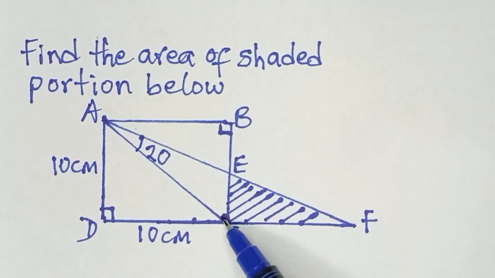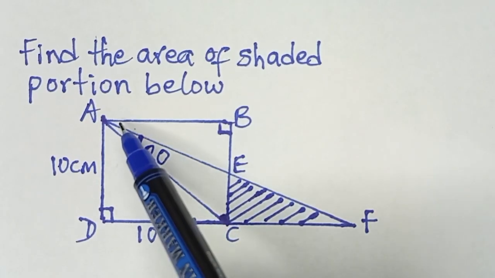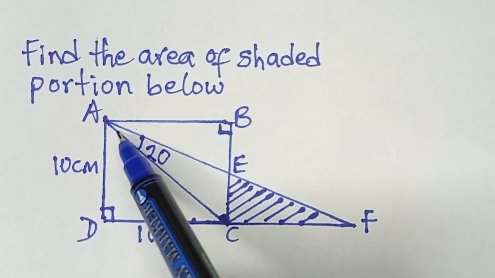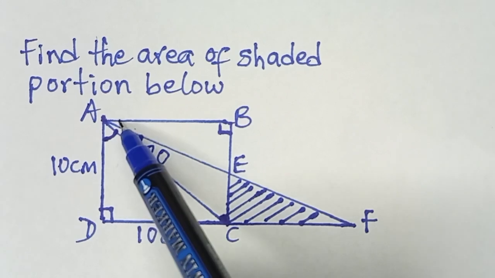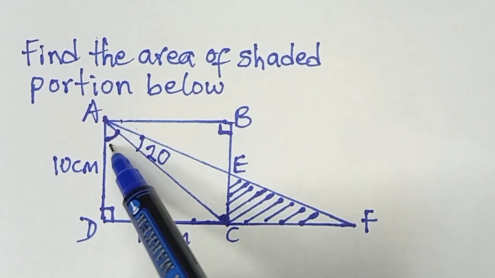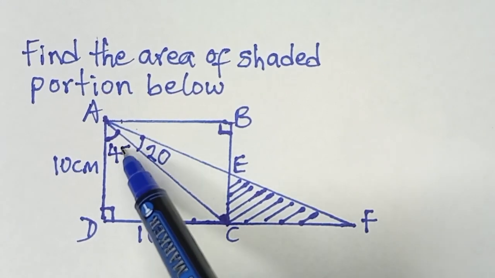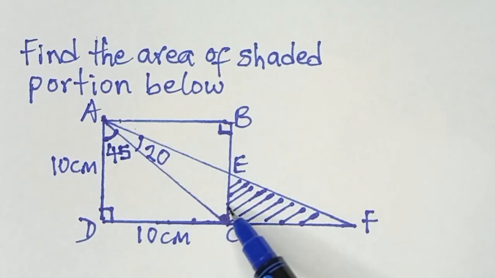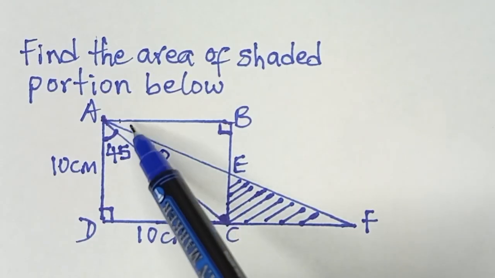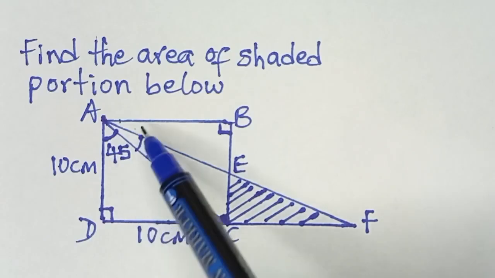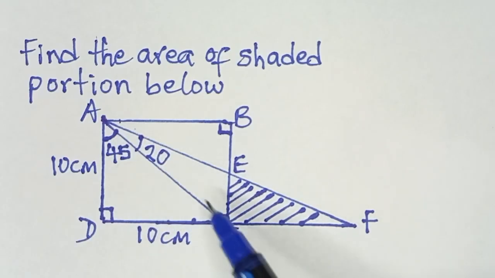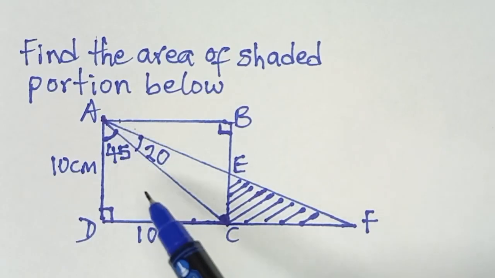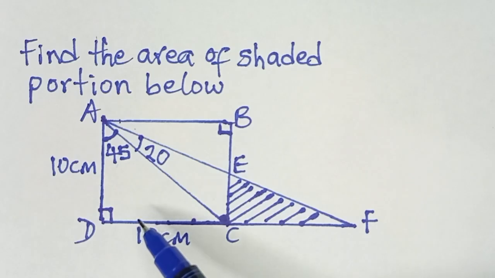Bisecting means it is dividing it into two. So when we divide 90 into 2, we get 45 degrees. So this diagonal divides each of these angles into 45, 45, 90 as a whole.